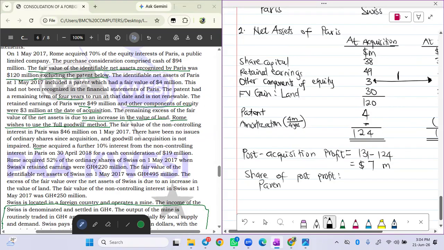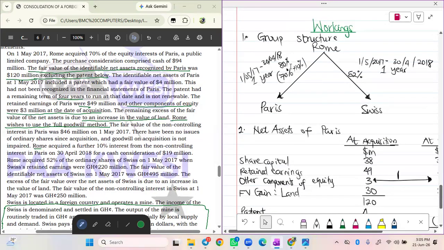Parent will get. Now, don't use 80%. Don't use 80% because 70% is where they gain control. So on the first acquisition, everything we are doing here is as at 1st May 2017. So please use the 70%. Don't use 80%, because on the first acquisition they gained control.